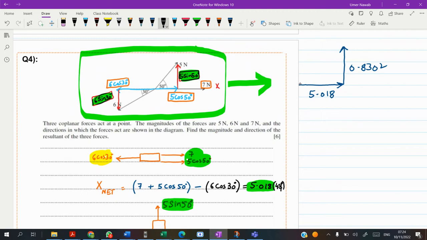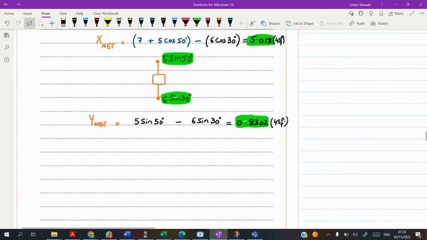Wow. I can use Pythagoras to find the resultant. So look, the resultant is acting in this direction, and I can also find the direction of the resultant by using trigonometry. So come on, tell me, what is my resultant?